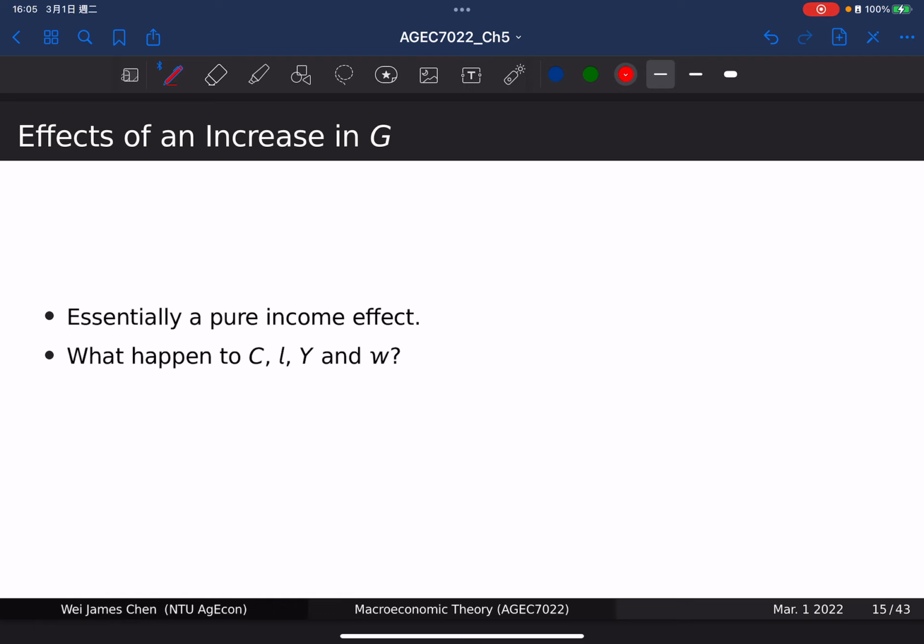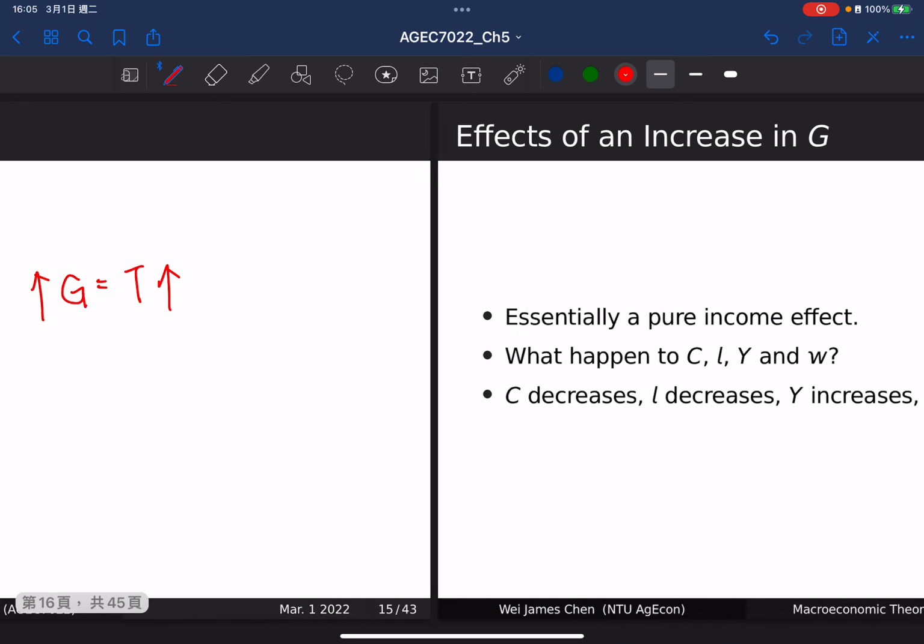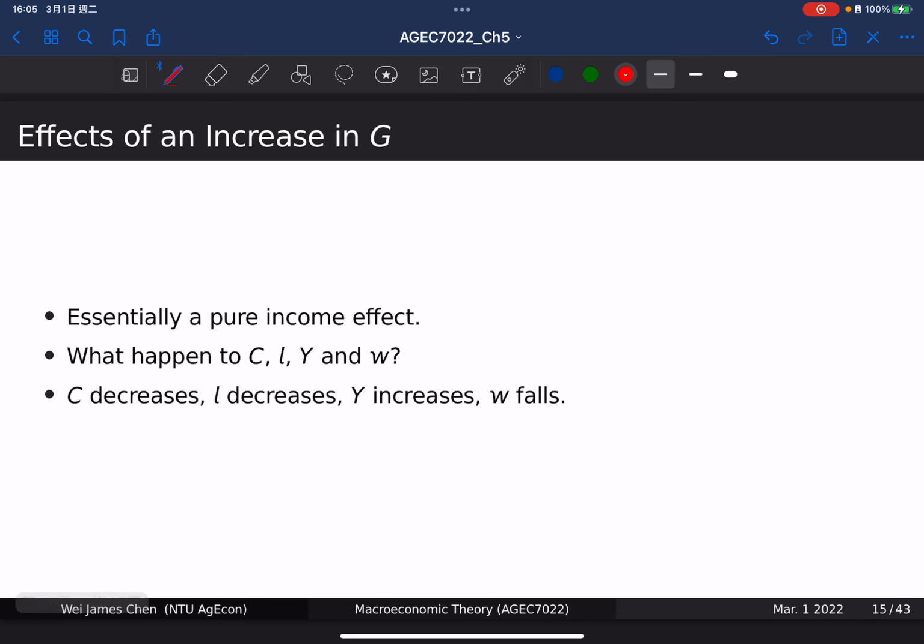Now I'm going to talk about what happens when G, the government spending, increases. Like I told you last week, this is basically a pure income effect. Because in this model G equals T, so G increasing means T increasing. The person just has less to spend because the government collects tax from him. So C must decrease.